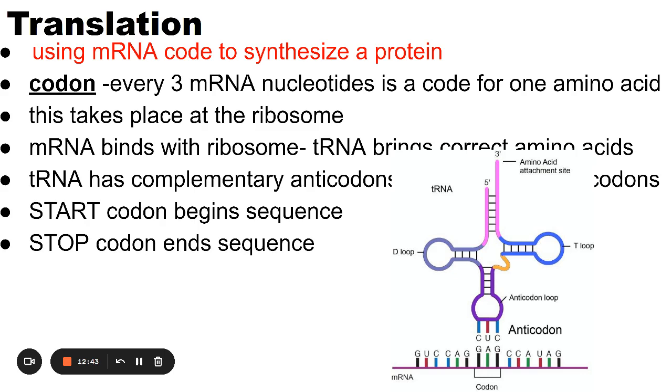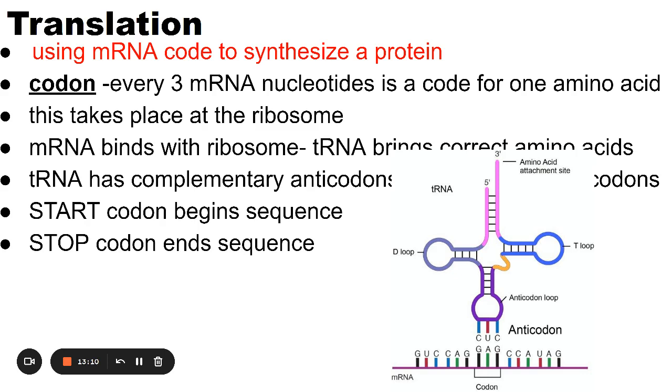AAU is one code. GGC is a different one. And CAC is a different one. Each of those 3 letters is a code for a specific amino acid. When the messenger RNA is attached to the ribosome, the transfer RNA starts bringing in those amino acids, and the ribosome starts linking them together.